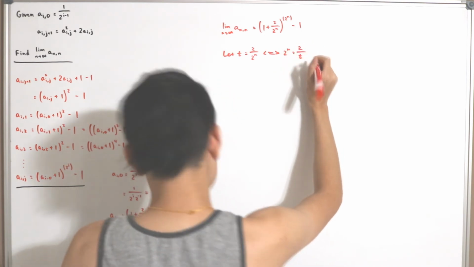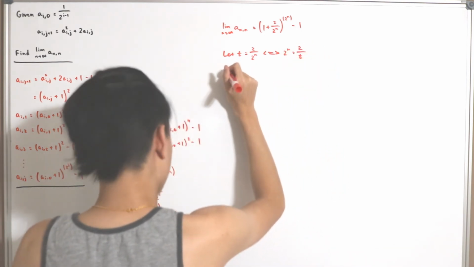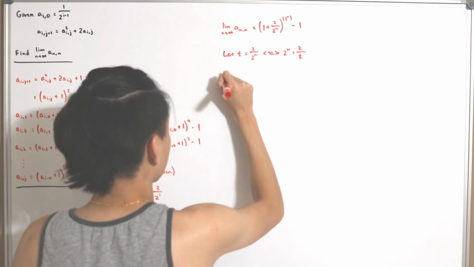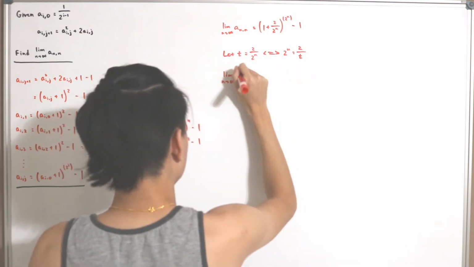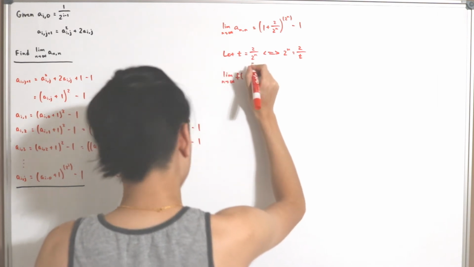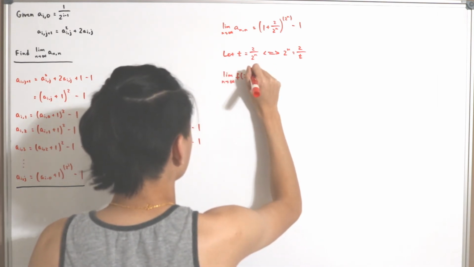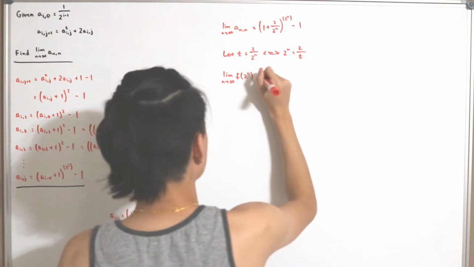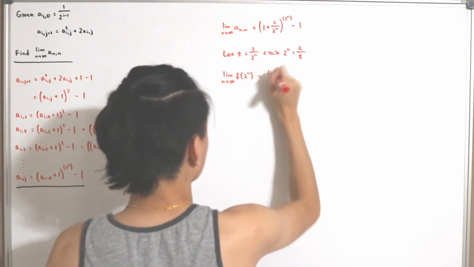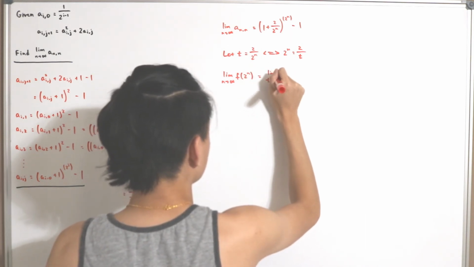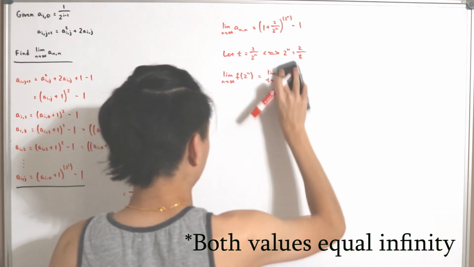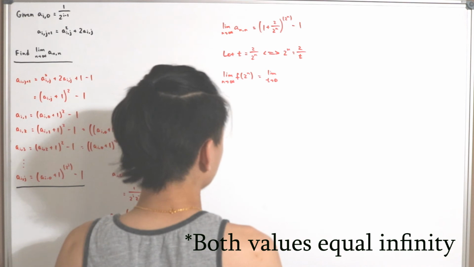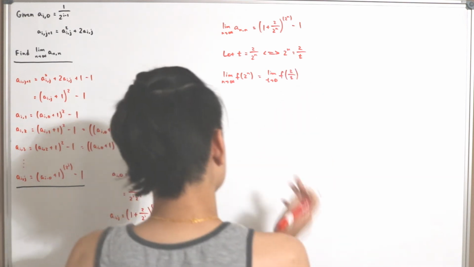Then that would mean that the limit as n approaches infinity of some function f evaluated at 2n would equal the limit as t approaches 0 of f of 2t. Okay, so now we have that.